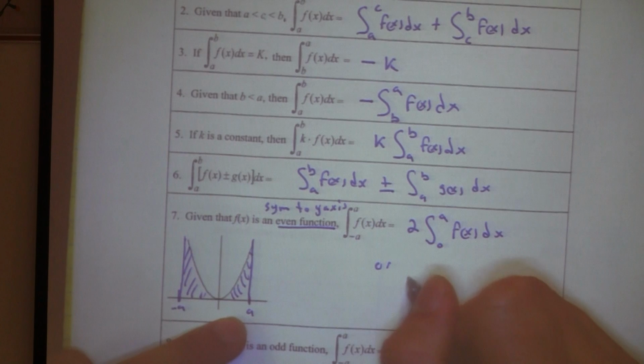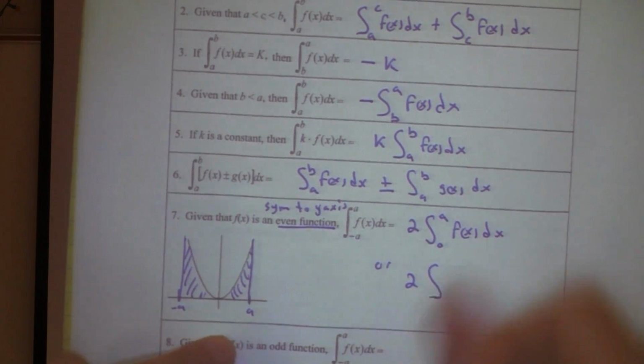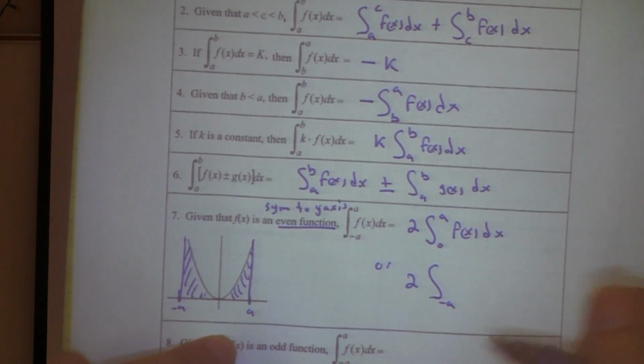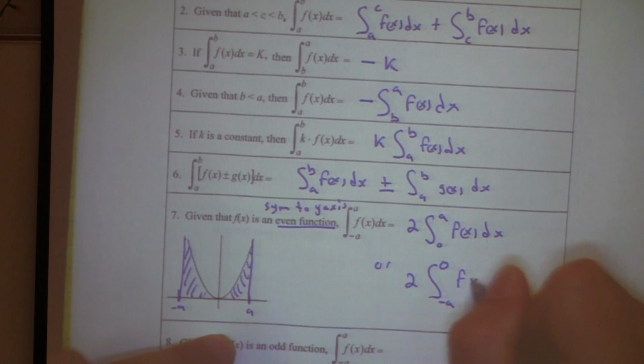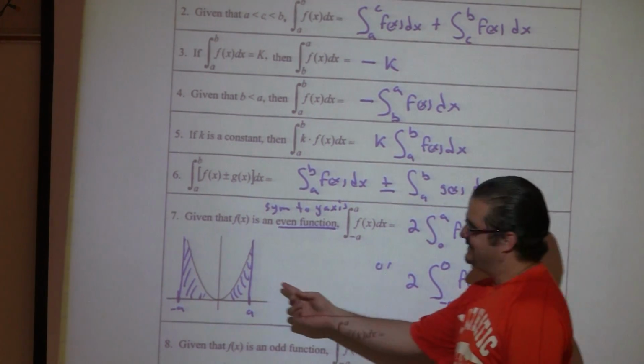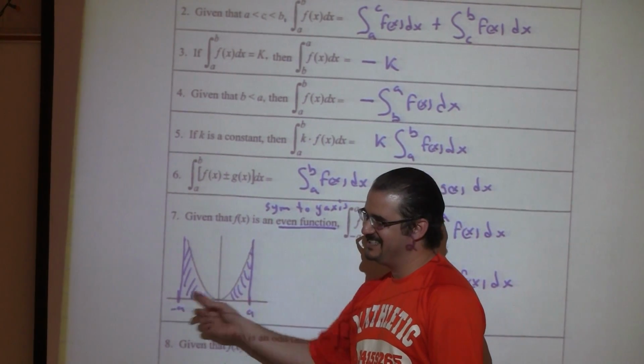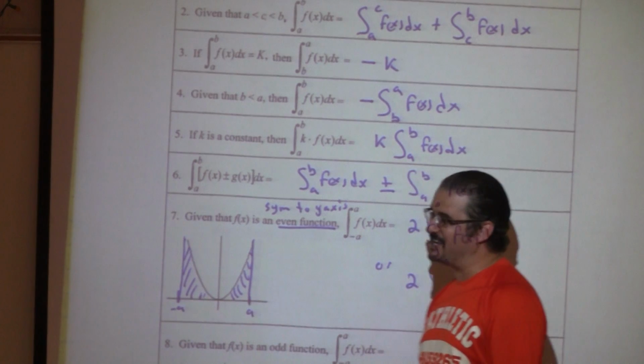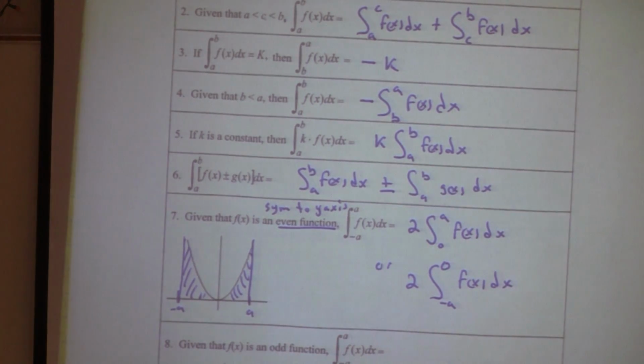Or we could also say that it's 2 times the integral from negative A to 0. The main thing to remember is that they're going to be what? The same value, right? Good?